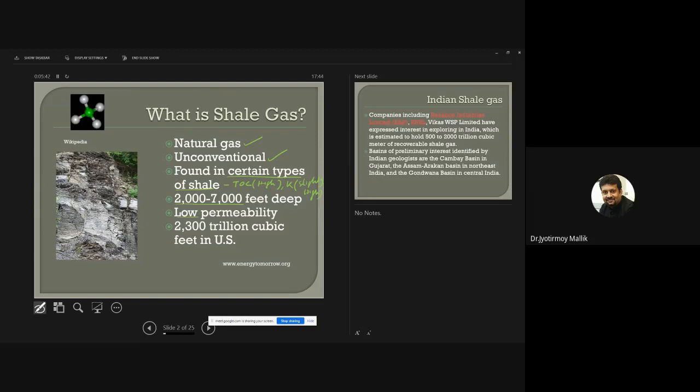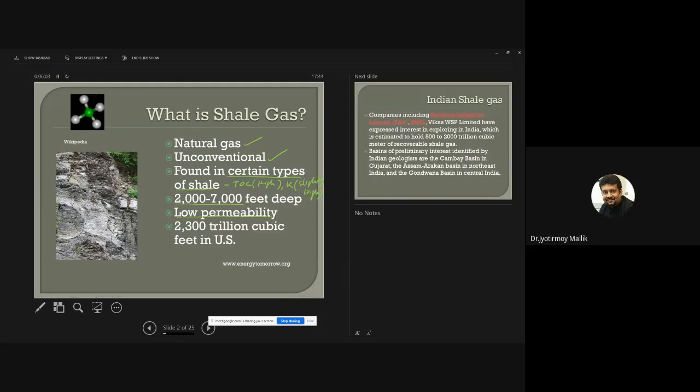Low permeability, of course. Shale will never be as permeable as sandstone, right? So it's still low permeability, but it has an edge, just a notch higher permeability.